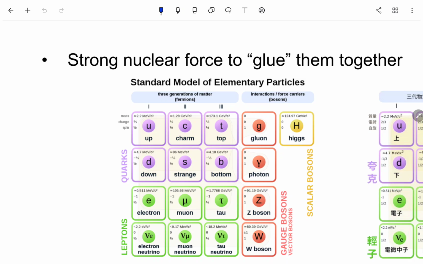In chemistry, what you learn is that in the world we have different elements, on the periodic table. Every element's unit is called the atom, and every atom is the same for the same element.